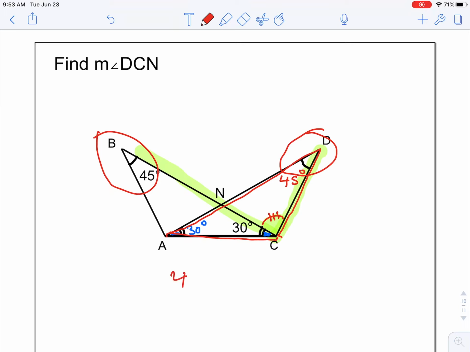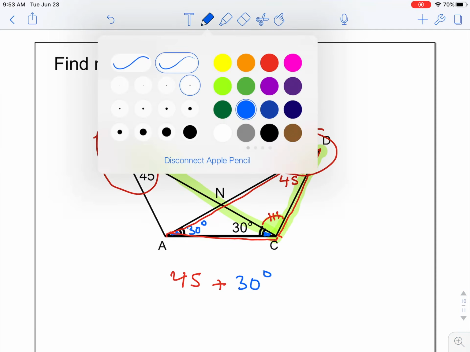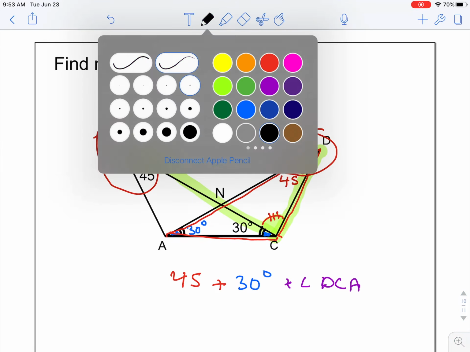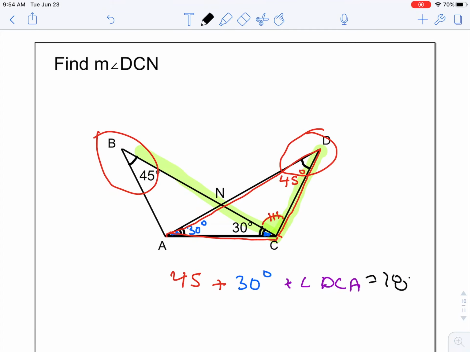So now we know that we have that 45-degree angle D, and if we add it to this other 30-degree angle down here, then angle DCA, if we add all those together, it's going to have to equal 180.